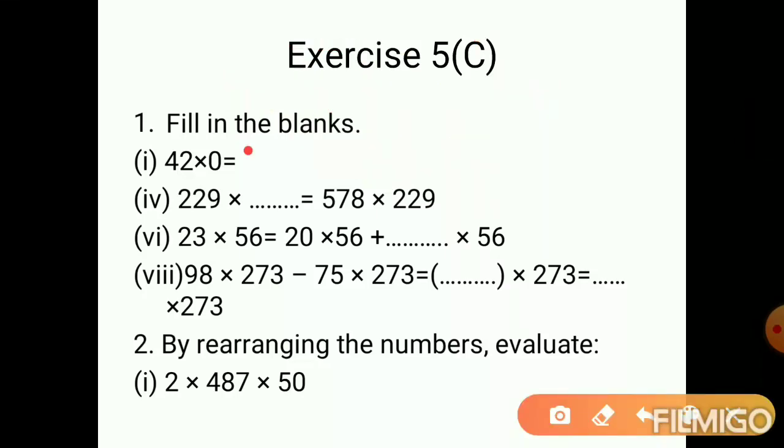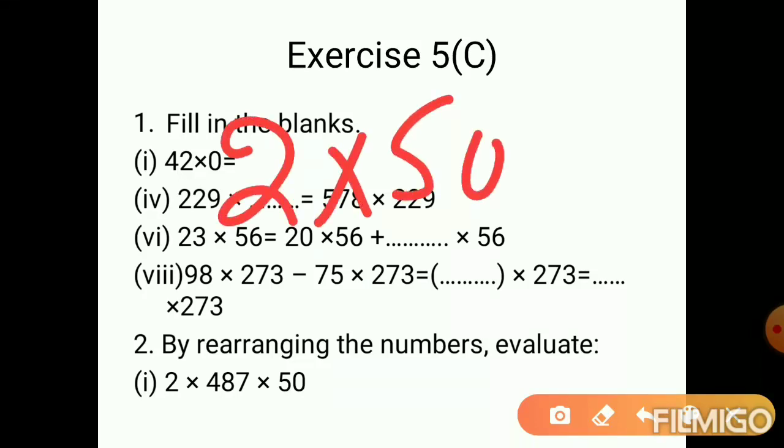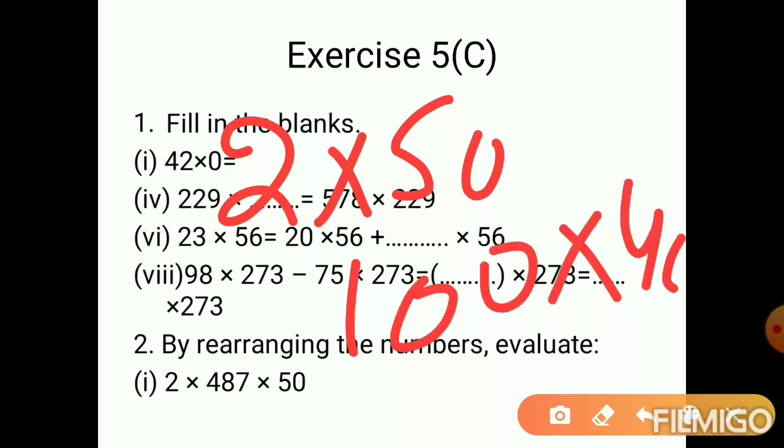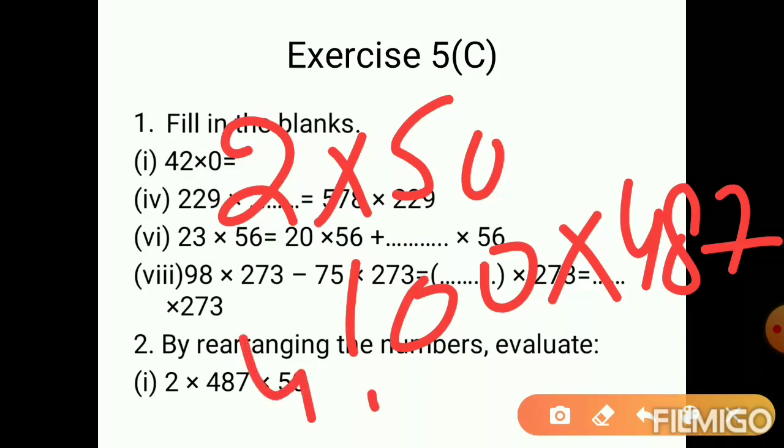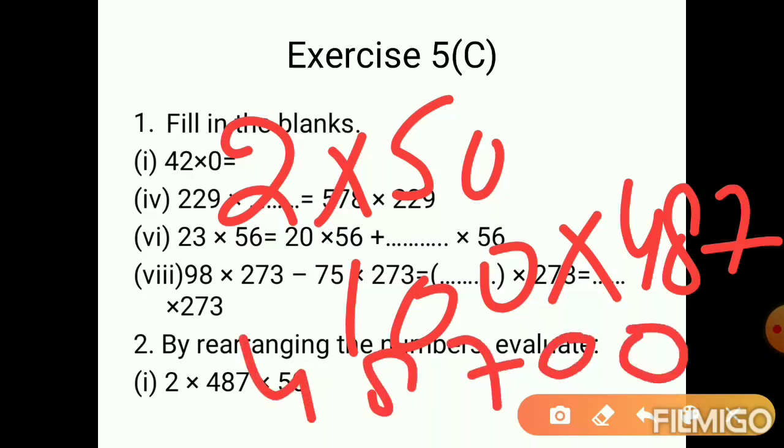So here I will multiply 2 into 50 first, because we know 50 into 2 is 100. Now my last number is 487. So 487 into 100 is 48,700. So my answer is 48,700.